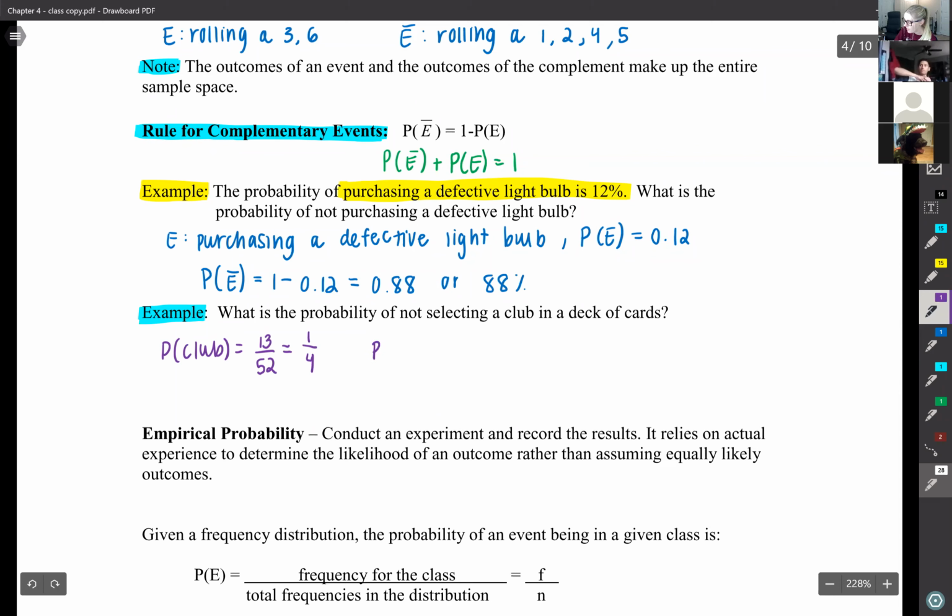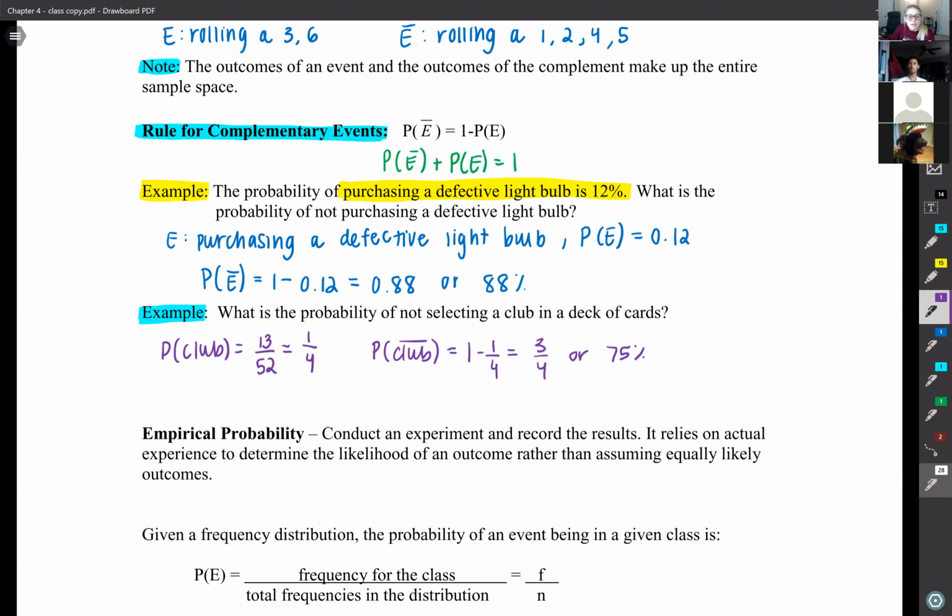And then we want the probability of not selecting a club, or the complement of selecting a club, which is 1 minus 1/4, which is 3/4 or 75% or 0.75. I'm okay with any three forms as long as I don't ask you for a specific one. So I'm okay with fractions, I'm okay with decimals as long as they're rounded correctly. If you're going to give me a decimal, please only put 2 or 3 decimal places. And I'm okay with percentages. They're all fine.